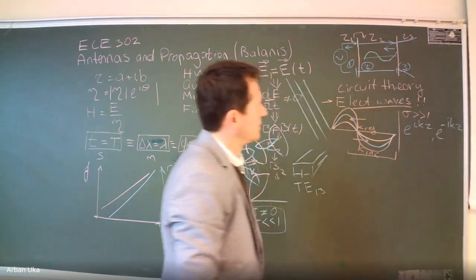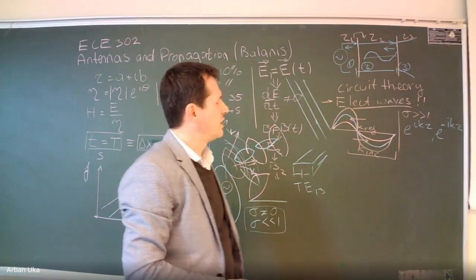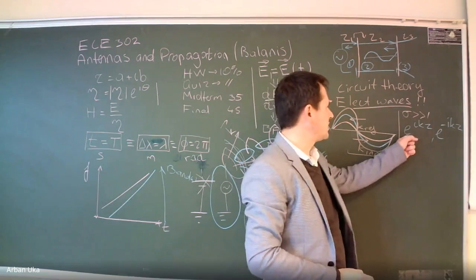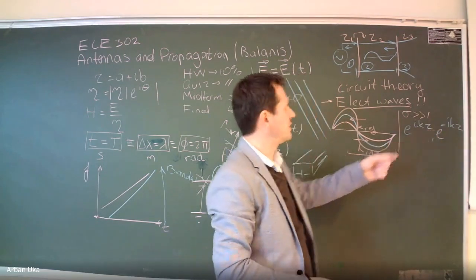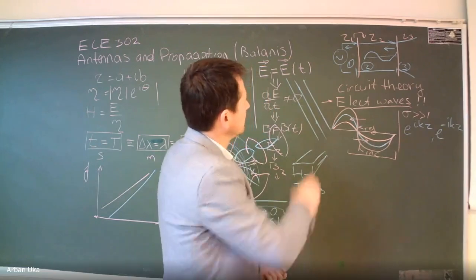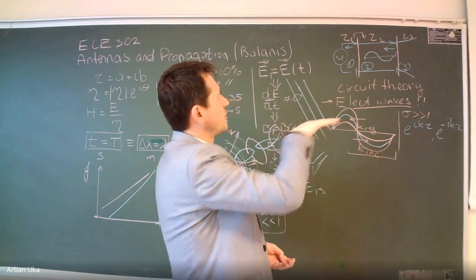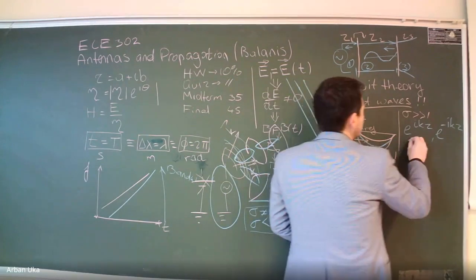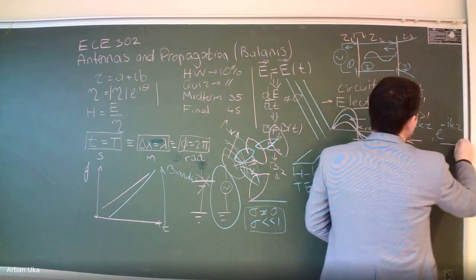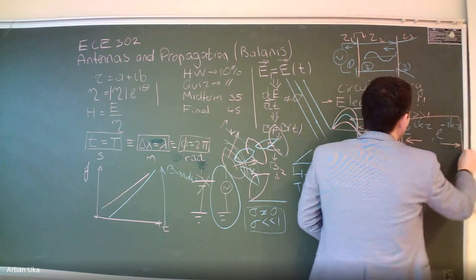The first component describes a wave which propagates along the minus z direction, and the other describes a wave which propagates in the positive z direction. So if we assume that we want to propagate in the positive z direction, this describes this wave, and this describes this wave.